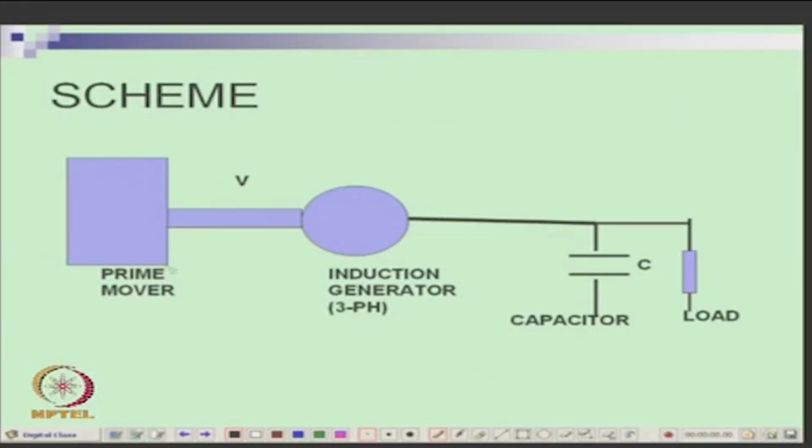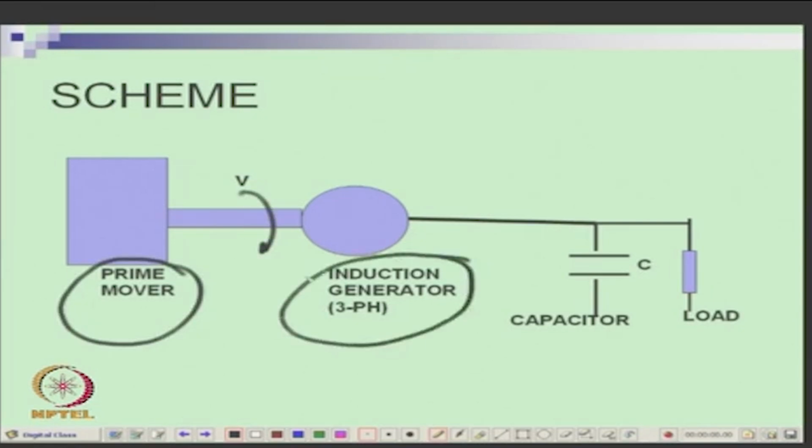Right. So, the system is you have a prime mover which is driving a 3-phase induction generator. Prime mover can be any prime mover, and you connect a capacitor at the terminals, and you also connect a load.